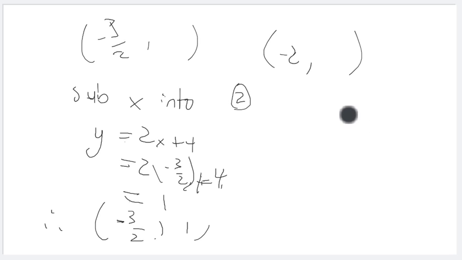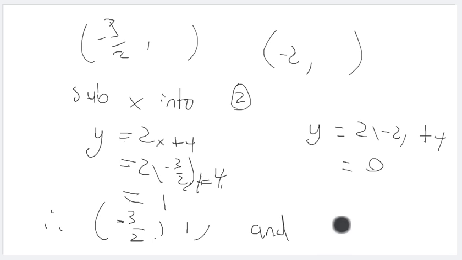For the other one, x is 2, so I will have y equals 2 times negative 2 plus 4, and that is equal to 0. So my second point is negative 2, 0. And that's it. And that's how you find the points of intersection.